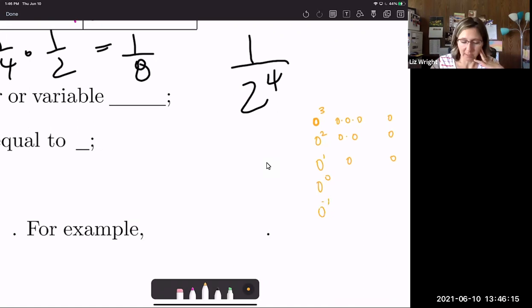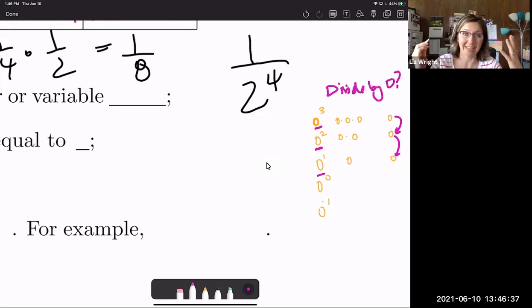And let's go to the right-hand side for a second. Every time on the previous two examples, we said we're dividing by something, right? Divide by something, divide by something. Is it possible for us to divide by that base of 0? So the question is, is it okay to divide by 0? No, that's undefined.